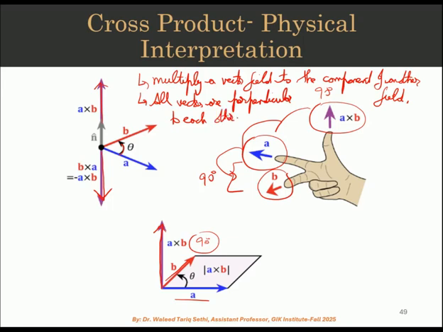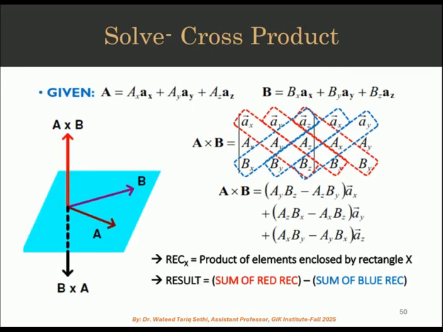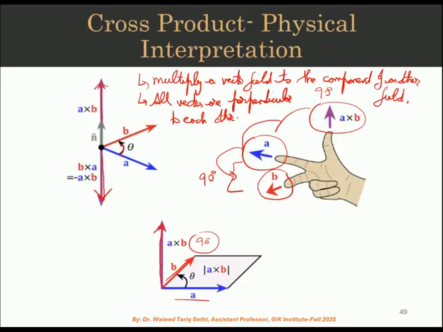Okay, so another thing associated with cross product is what is going to happen in terms of its unit vectors. So if we have unit vectors in the rectangular coordinate system, this is y, this is x, this is z. If the unit vectors are moving in the anti-clockwise direction, the unit vectors being ax, ay and az, then if we move in this direction, it will always give you output as 1.